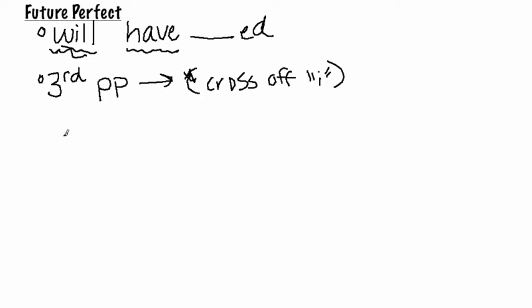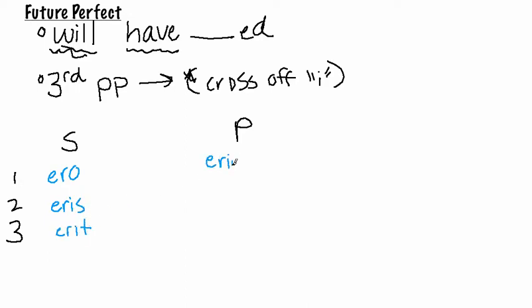And I'll go ahead and write them down right now. And first of all, we make our chart. And now we'll do our endings. And they go ero, eris, erit, erimus, eritus, and finally erint.